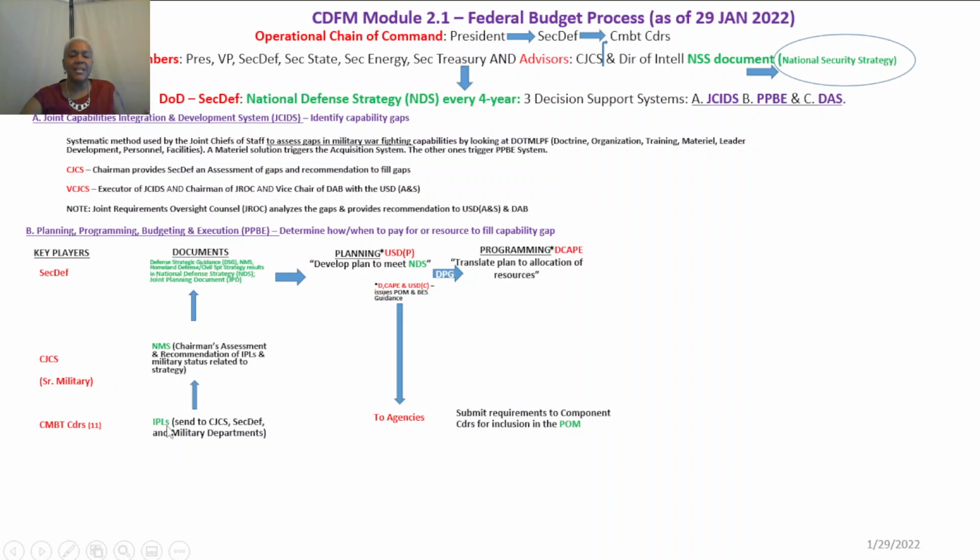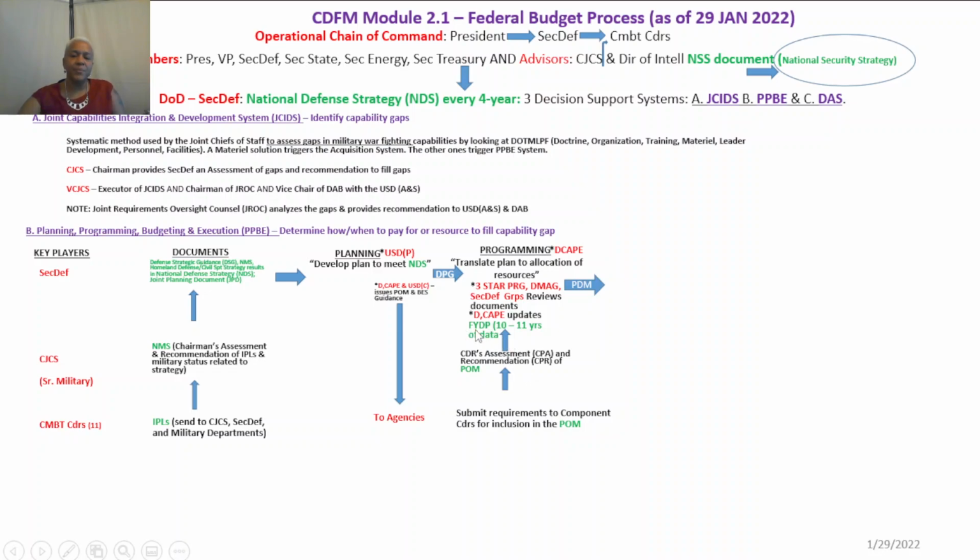So whatever they need, their requirements are published in the IPL, and whatever they need included in the next POM, for out years, they have to submit it to the component. And also it has to go through the chairman again. The chairman gives his assessment and recommendation on the requirements for the POM from the combatant commanders and the components. Got to make sure everything is in line.